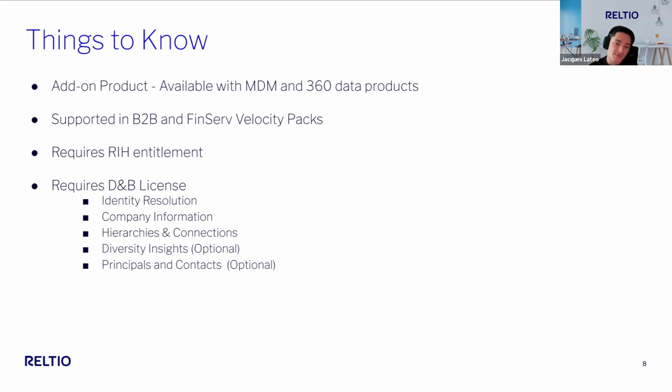So the services required here would be at minimum identity resolution, like as a core service. And then for data blocks themselves, we have company information, hierarchies and connections. Those are mandatory data blocks. And then as optional data blocks, we support diversity insights and principals and contacts.